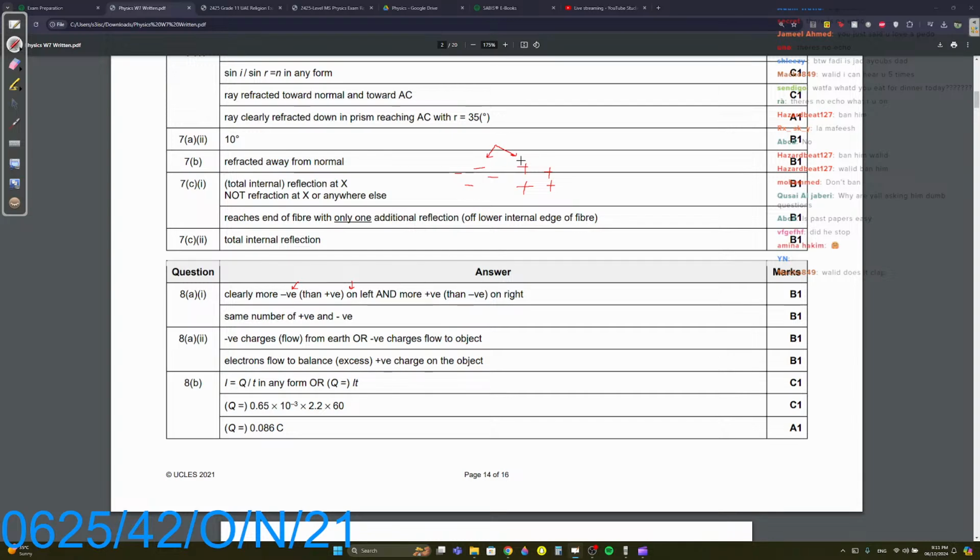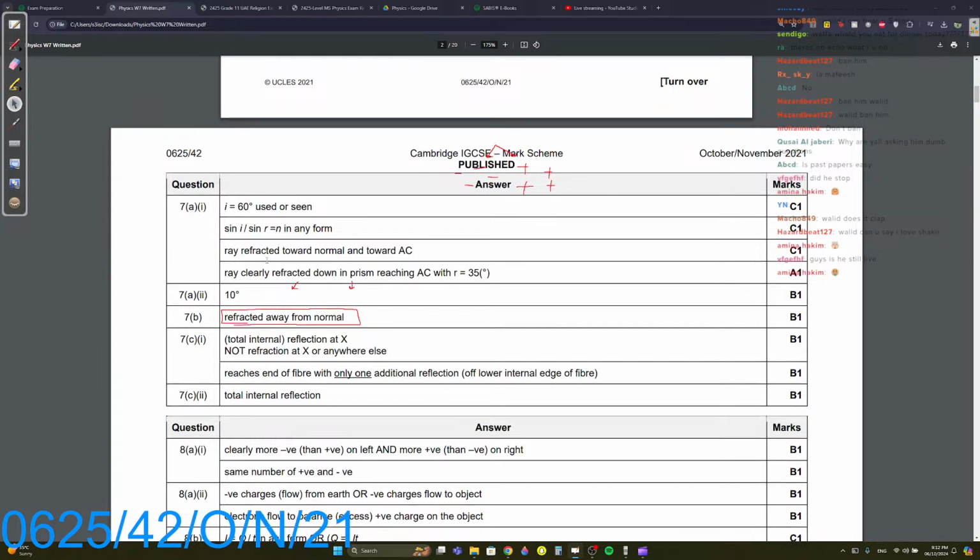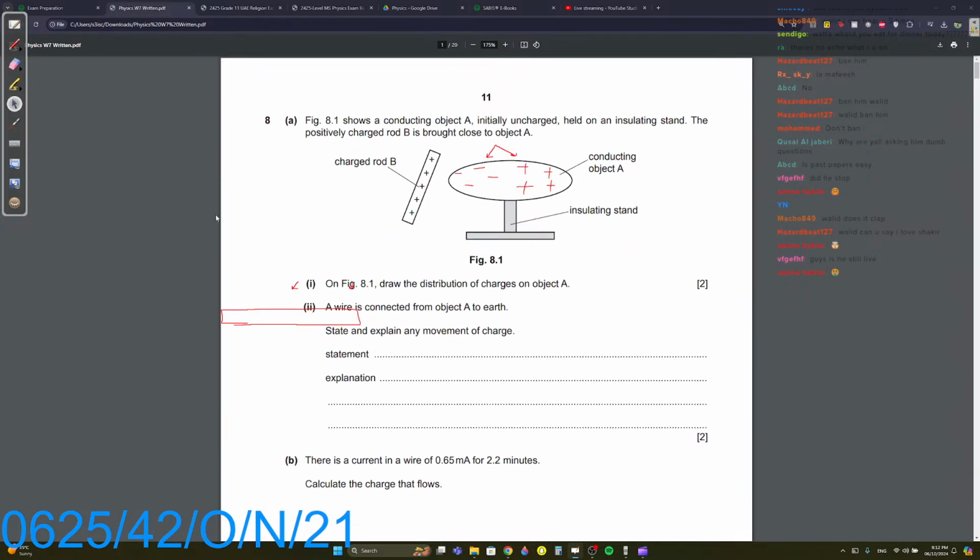So there's a mark for that. And the other mark is given that you have to have the same number of positive and negative. You can't put 5 and then 4 or 4 and then 5. It has to be 4, 4, 5, 5, whatever. Okay? So for part A, this is how it is. My mic is on. Yeah, okay.